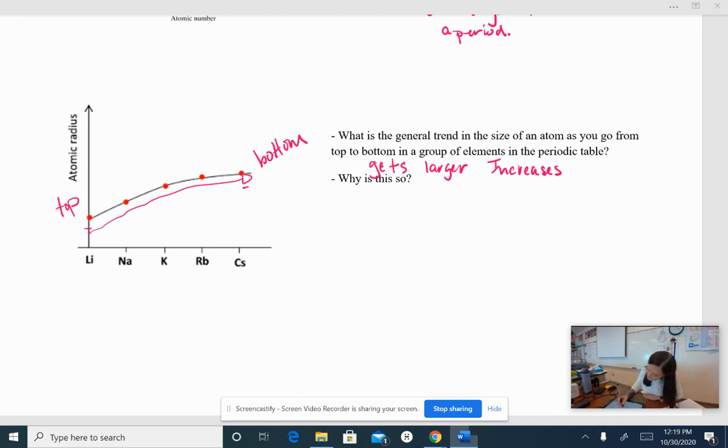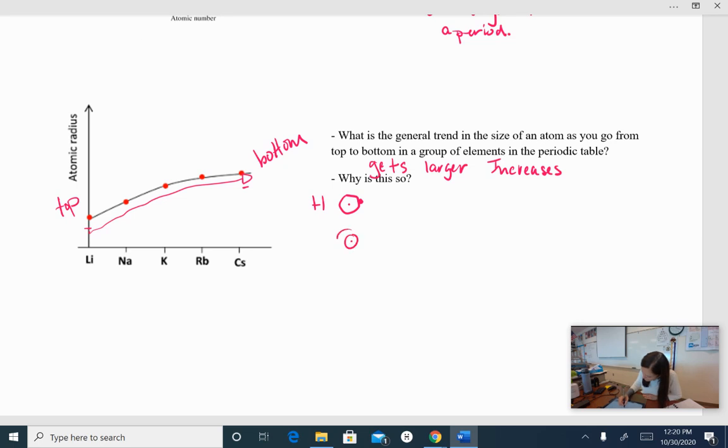Okay, I want to draw something for you. Remember when we did the Bohr models? This would be hydrogen. Lithium. Let's draw sodium, and let's draw one more, potassium.